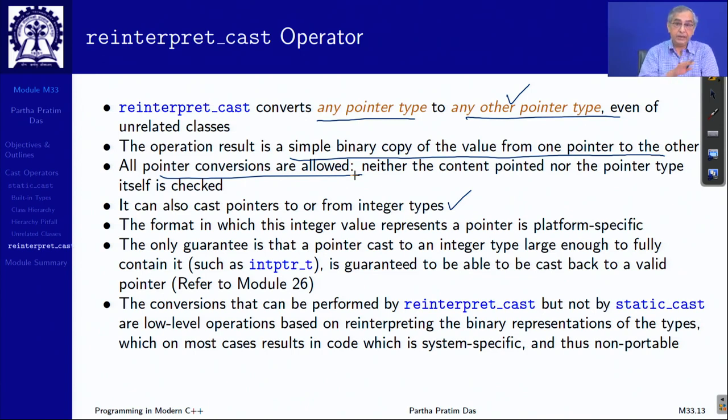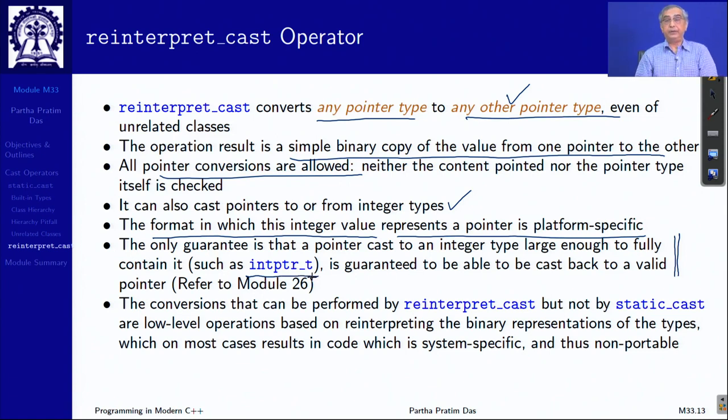Naturally, given this, since it is at that low binary level, the format in which say integers will represent a pointer, particularly if you are doing between integer and pointer, is platform specific. We have already seen examples in module 26 that I could convert between a pointer and long, but could not convert between pointer and int. But if I have a machine where the pointer and int have the same size, I will be able to do that, and that is what is being emphasized here.